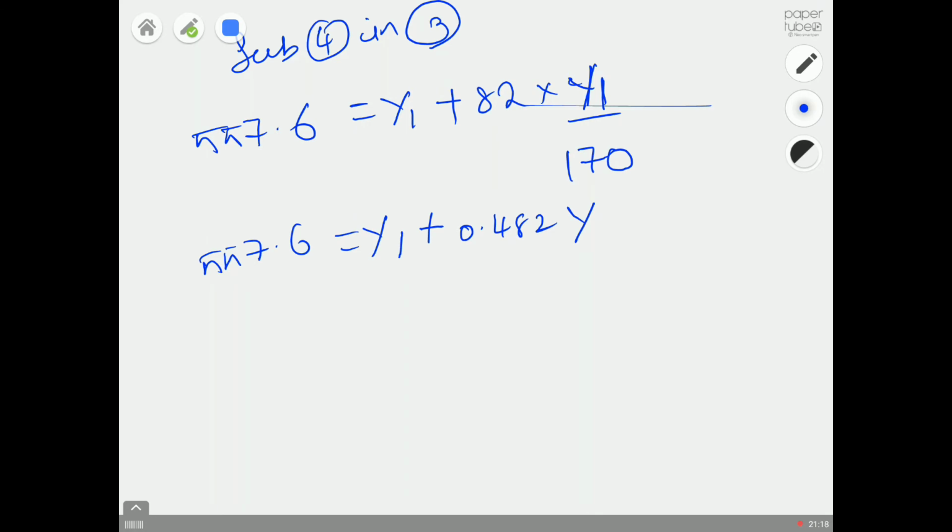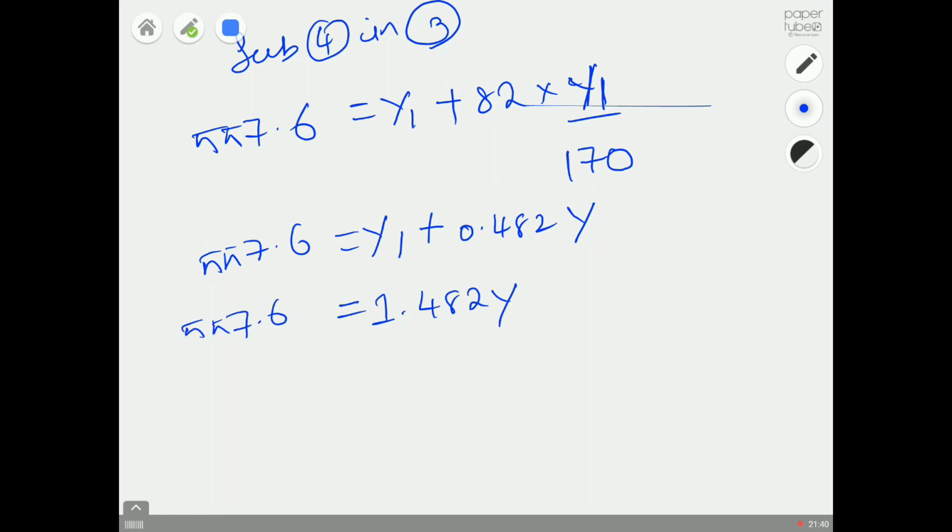Hope this answer is correct. Let me check one more time. This should be equal to 1.482 y1 equals 557.6.